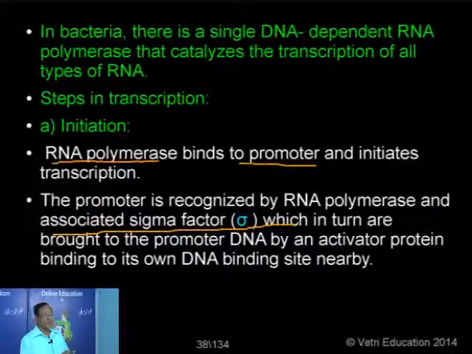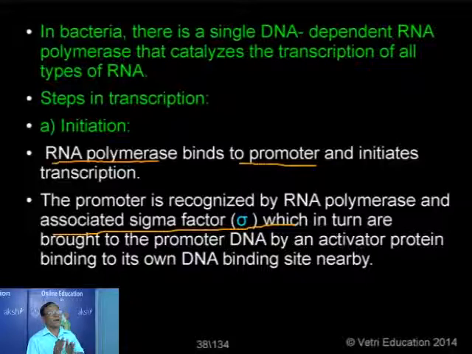So it is needed, but it is not useful to recognize a promoter. Some others are needed to direct the RNA polymerase and the associated sigma factor. This sigma factor is an initiation factor that is needed for RNA polymerase to initiate the process. But for recognizing the promoter, the sigma factor is not useful.